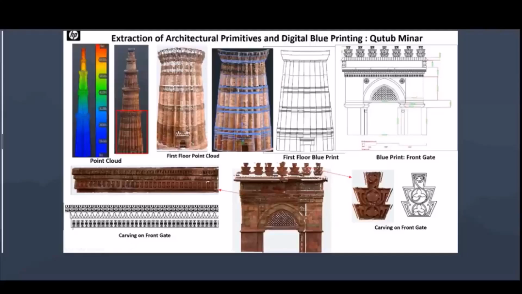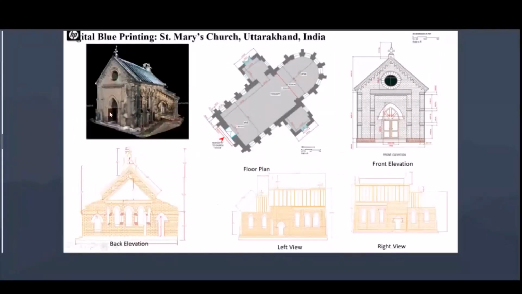This is another example of a different study area, which we began as a case study. This is a church of the British period in Uttarakhand. And again, a similar methodology was applied.